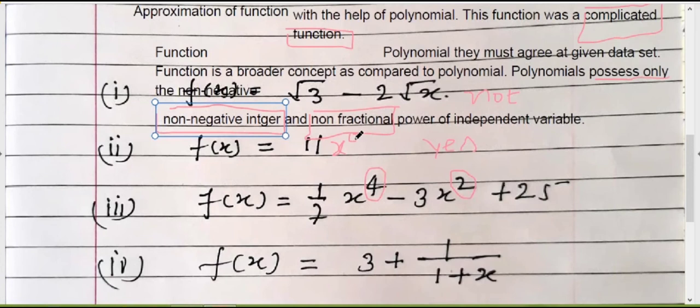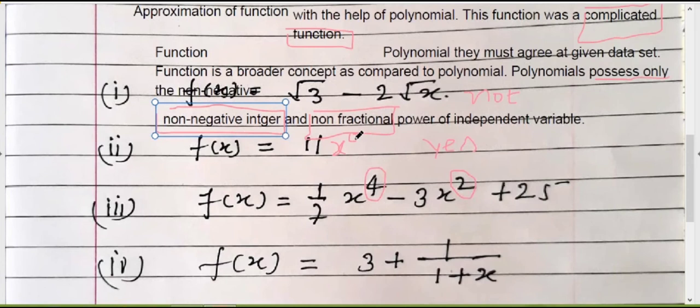These restricted conditions are that the power of the independent variable involved in the function must be a non-negative integer and must be a non-fractional value.